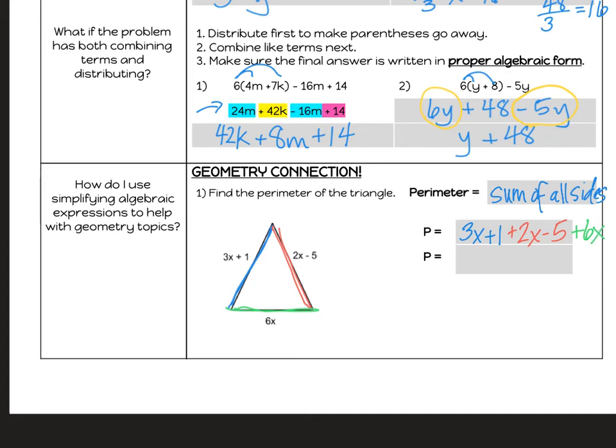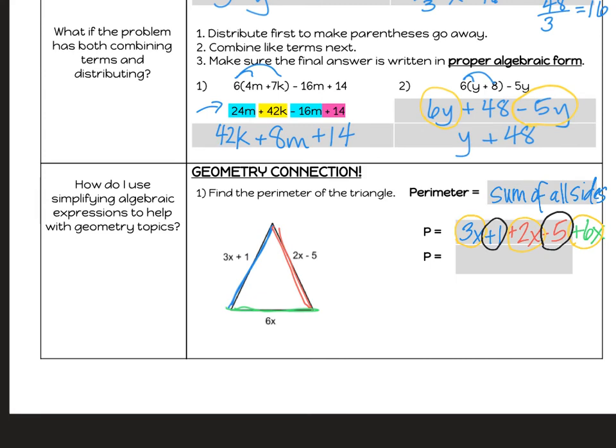Okay, I can simplify that, and what I'm going to do is combine like terms. So I'm going to circle the x's with yellow, so 3x, positive 2x, positive 6x, and then I'm going to circle the constants with black, so positive 1 and negative 5.